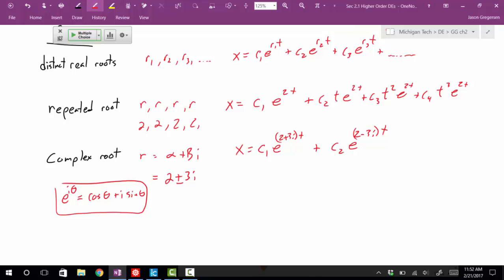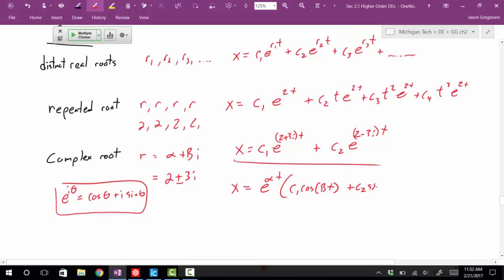Interesting enough, right? But you basically use that with a bunch of algebra, and you can rewrite this solution to look like this: e to the alpha t times C1 cosine of beta t plus C2 sine of beta t.